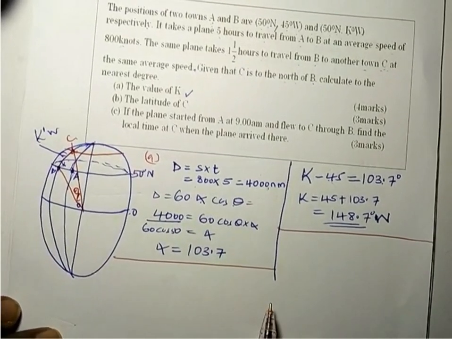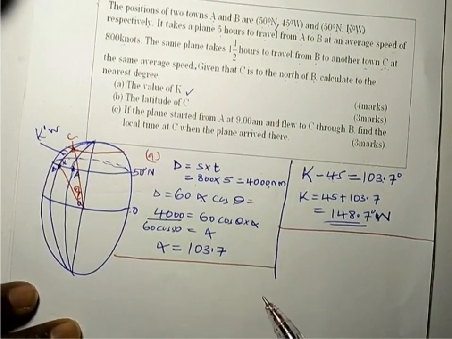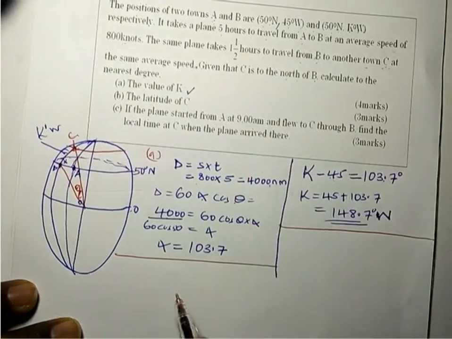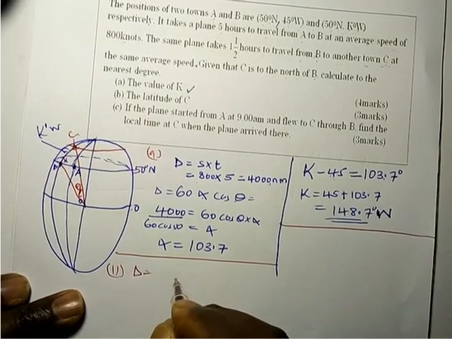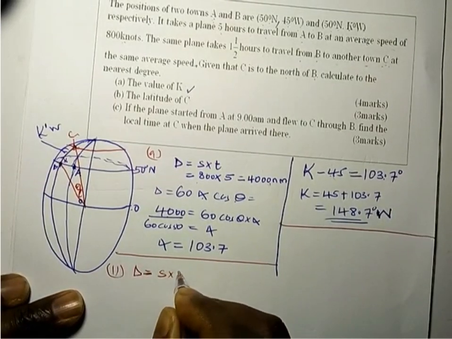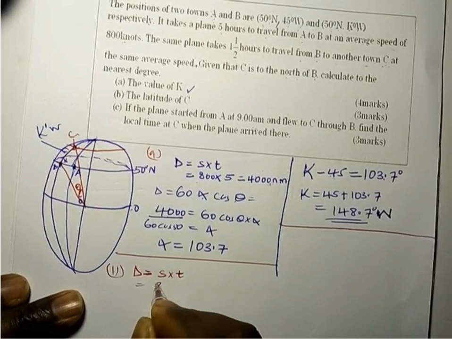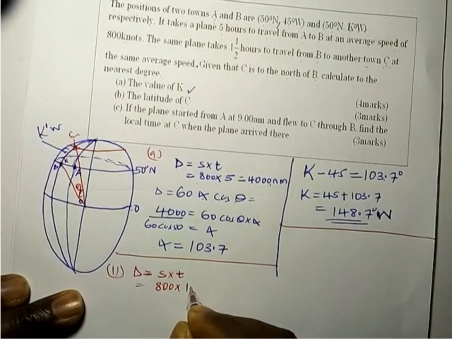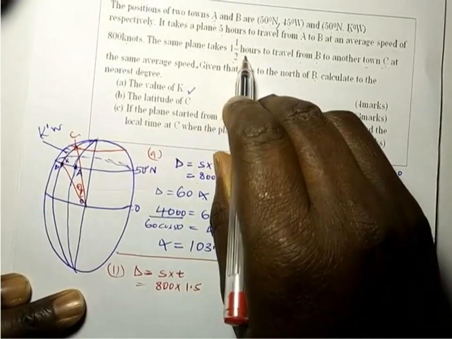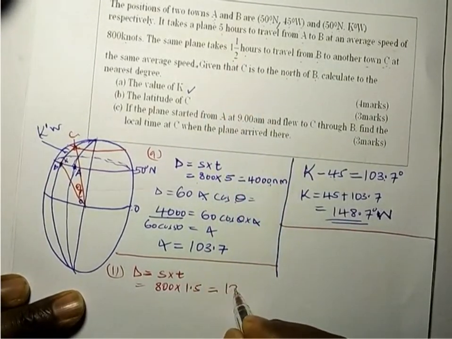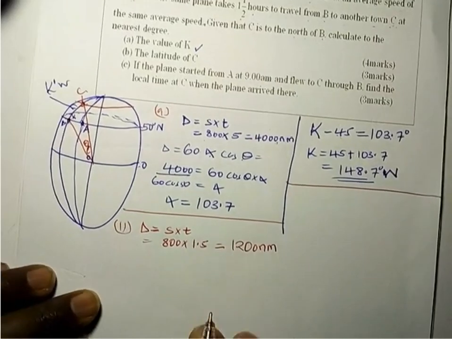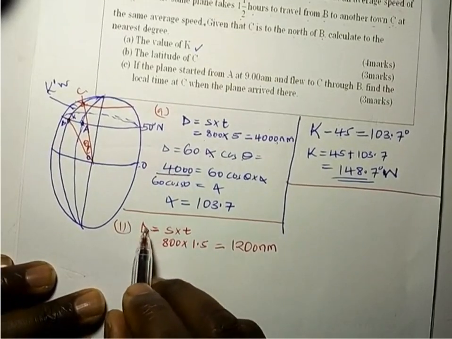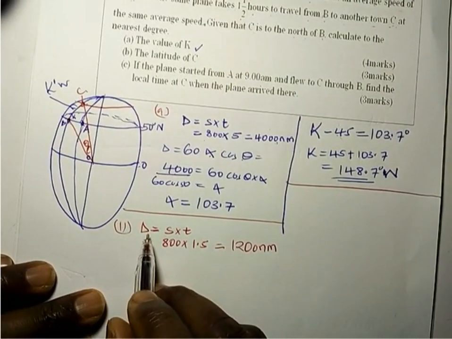So let us now see how to get the distance, because they are going at the same speed. Distance is equal to speed times time. Our speed is 800 times time of 1.5 hours, and this gives us 1200 nautical miles. But we know this one is on the great circle, right?